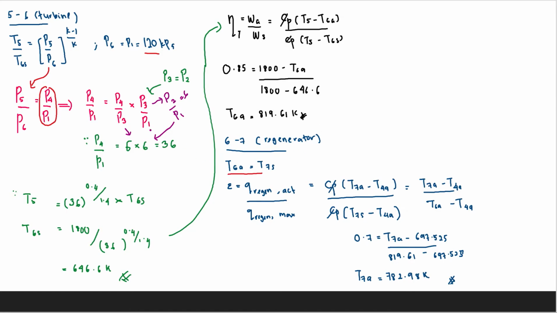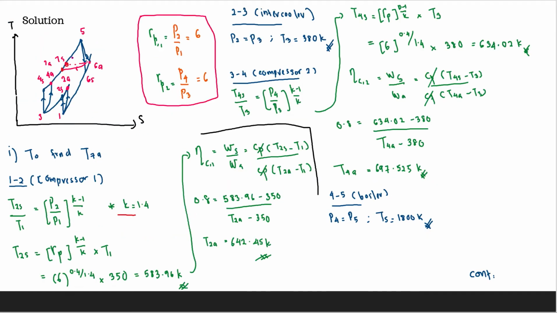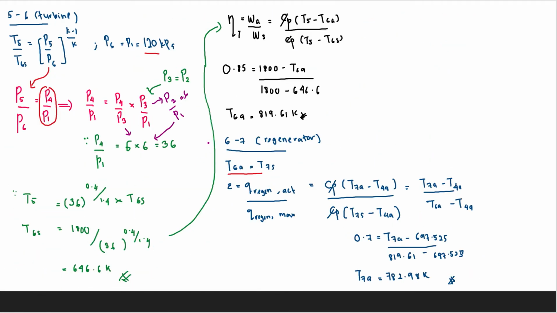If I refer to the TS diagram, Q regen is T7 minus T4, and maximum is T7S minus T4. For actual, T7A minus T4A over maximum T7S minus T4A. Given effectiveness of 0.7, I will get T7A as 782.98 Kelvin. So that settles question number 1.